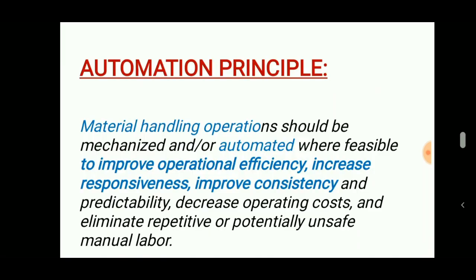Then the automation principle. This plays a major role in these types of industries nowadays, because if you are producing, say, 100 parts, some workers can be used in that industry to handle the parts from one place to another and process them easily.